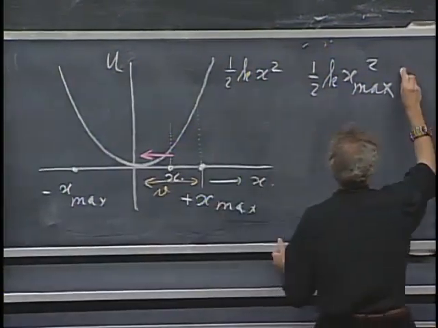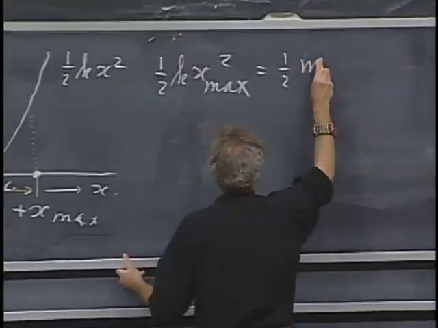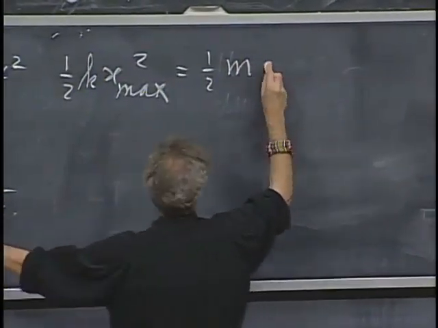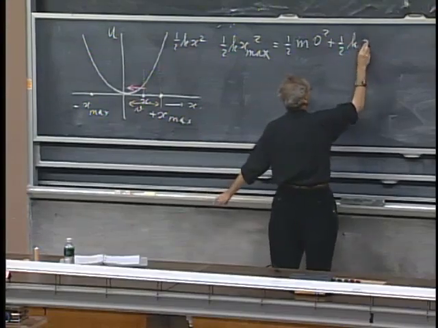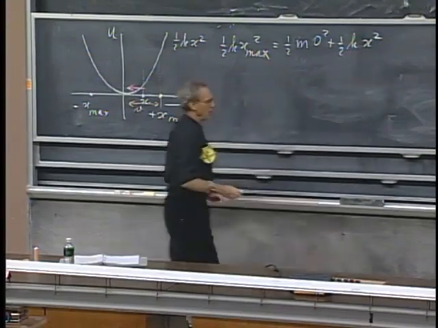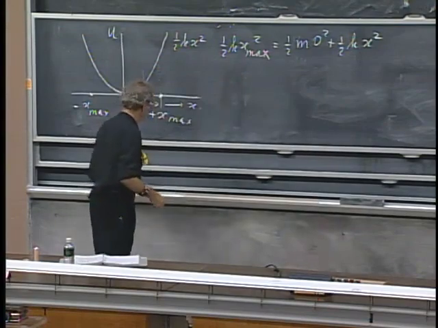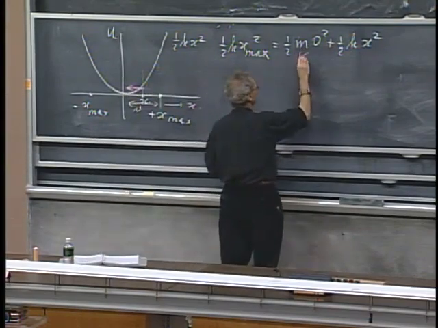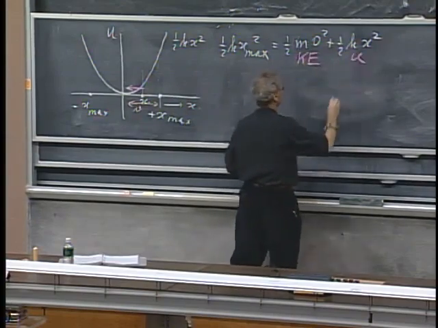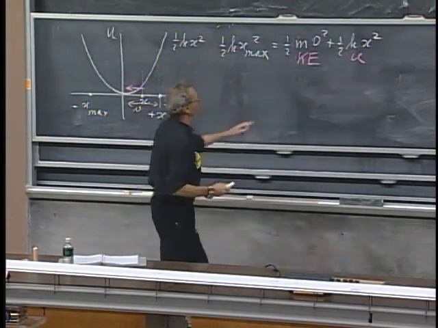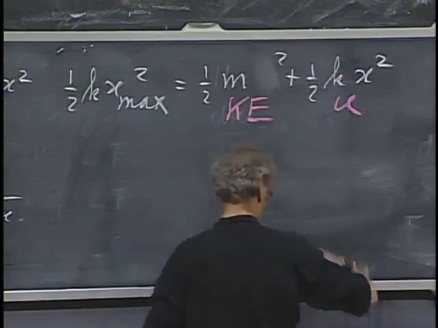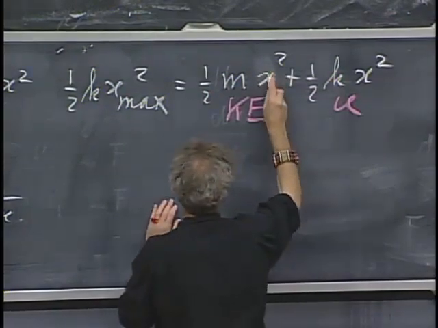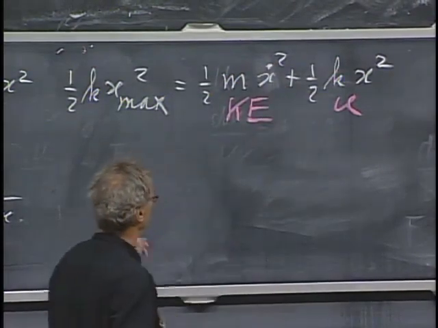So that must be now 1/2 m v squared at a random position x plus 1/2 k x squared, which is the potential energy at position x. So this is the kinetic energy, and this is the potential energy. v is the first derivative of position versus time, so I can write for this an x dot.